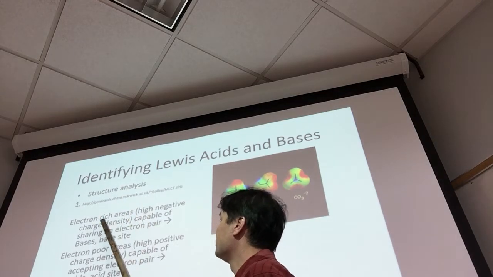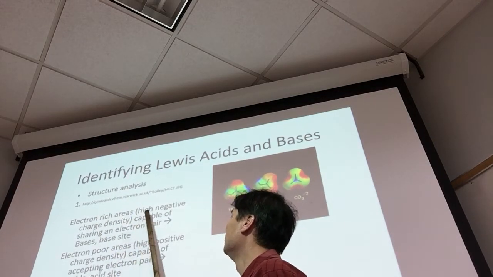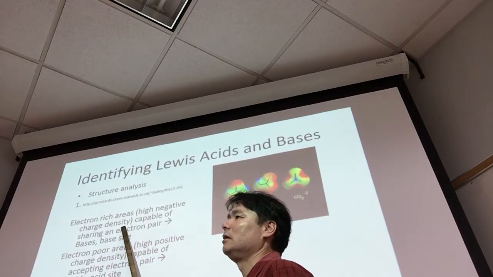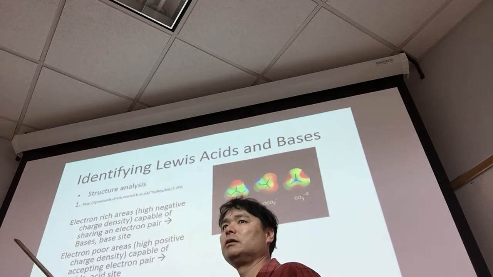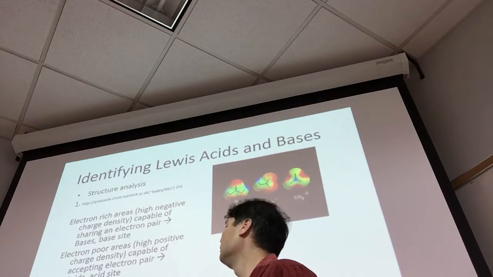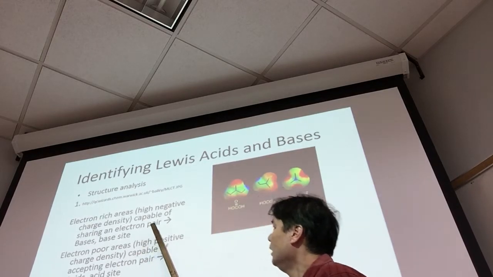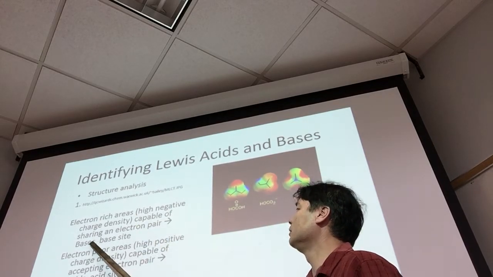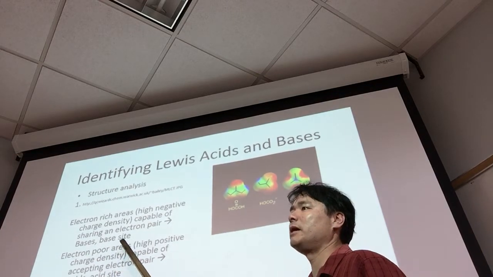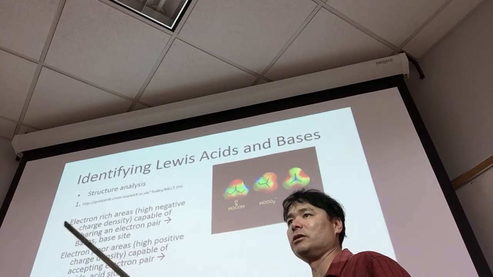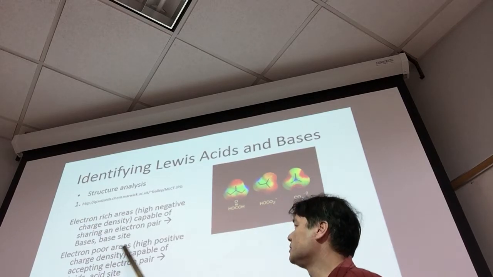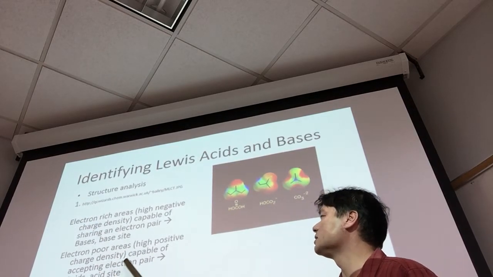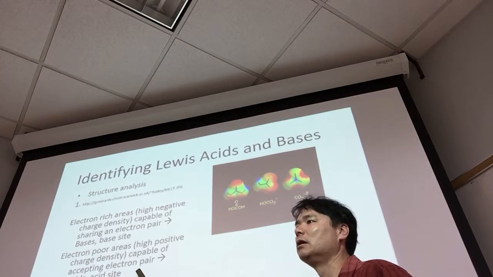We do structural analysis. We look for electron-rich areas, high negative charge density, either with oxidation state, formal charge, or polarity. And if they have a lone pair, they're going to be bases or base sites. A base site is a specific atom in a molecule that's going to act as the base. Our acids are going to be positive charge density, capable of accepting an electron pair.